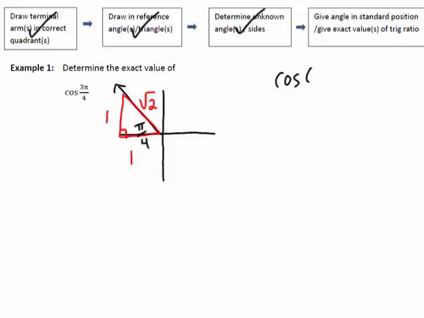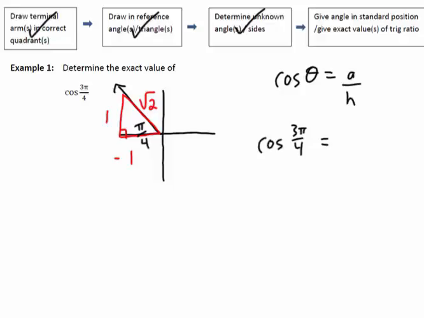So all we have to do now is give the angle in standard position. Well, cos of an angle, remember from SOHCAHTOA, is adjacent over hypotenuse. So the cosine of 3 pi over 4 will be, now our adjacent in this case is 1. Now we can use the reference triangle, or we may want to put this in as negative because it's going in the negative x direction.